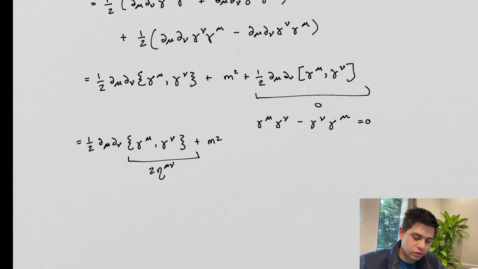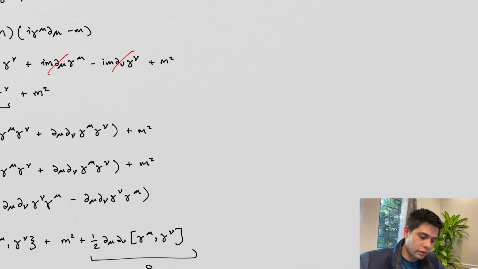We said this in an earlier video. And so the 2 is going to cancel with our 1/2, and the eta^{mu nu}, well, that's just the Minkowski metric. We can finally rewrite this as d_mu d^mu plus m squared. And if we recall, we said that this was this.